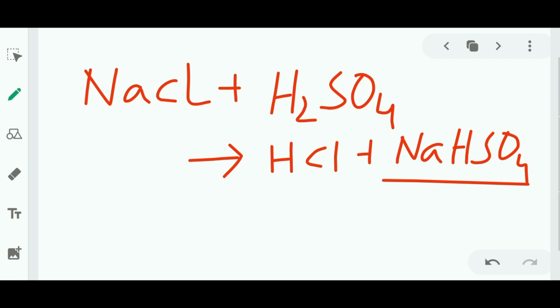Next, chemical properties of HCl. Acidic property: whenever it reacts with any base, it produces salt and water. So we need to know the properties of HCl. First, acidic property. What is acidic property?